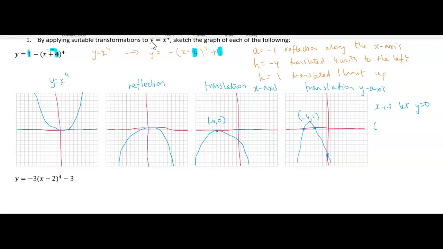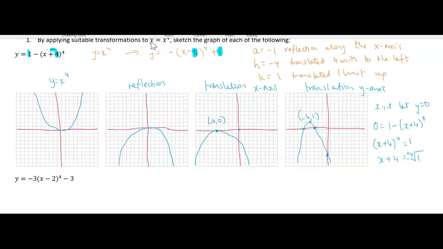So what do we got? 0 equals 1 minus x plus 4 to the power of 4. Let's just solve. We can take the 4th root of both sides, so x plus 4. I've taken the 4th root of the left side. Now, if I'm taking the 4th root of 1, you're going to have a positive and a negative solution.